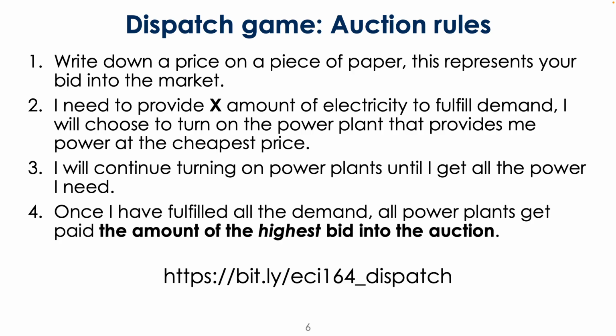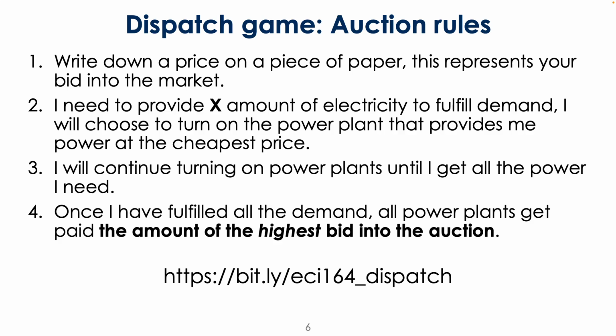So if you bid like $2 and you're the lowest bid, I'm gonna turn you on first, okay? And I'm gonna continue turning on power plants until I get all of the power that I need. And once I fulfill all of that demand, everyone who produces power gets paid.